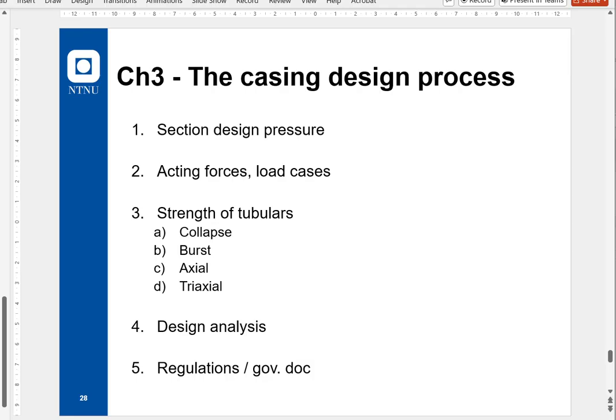Yeah, the tubing design process, we will discuss that next session. What we will look into in the next session is how to find and determine the section design pressure and what it means. We will look at the acting forces.